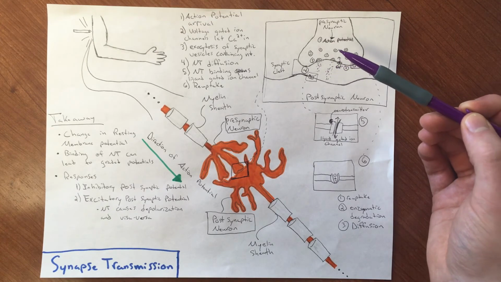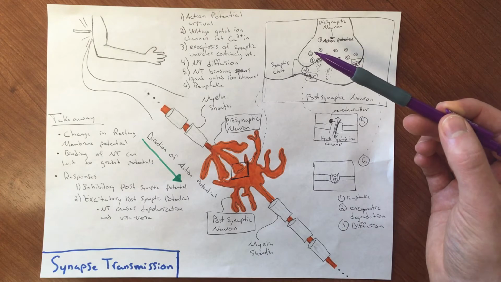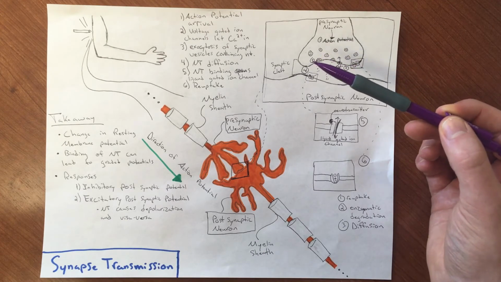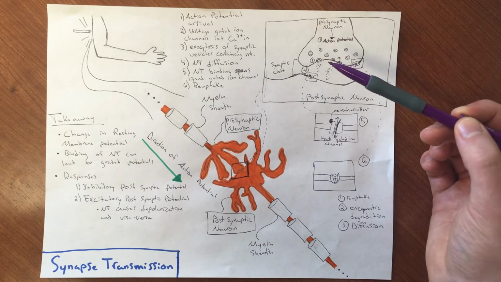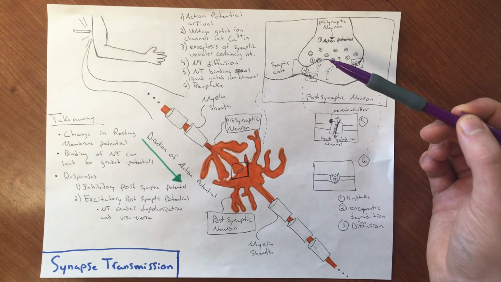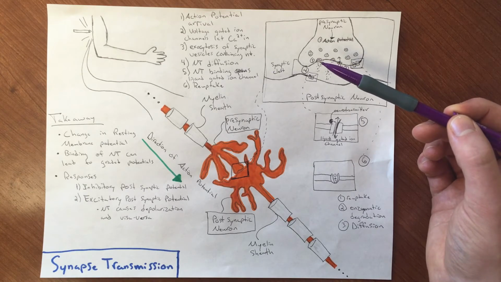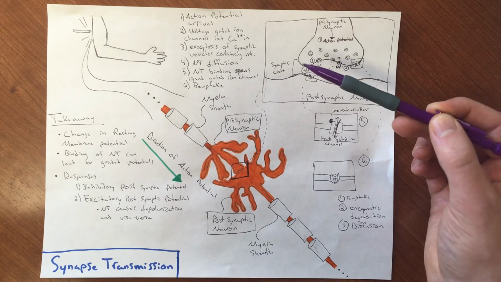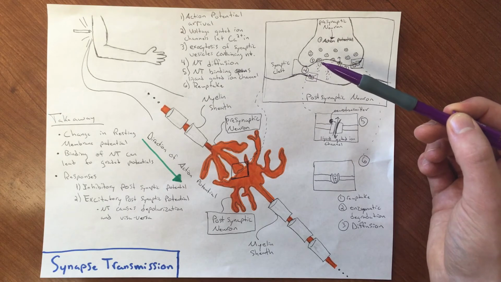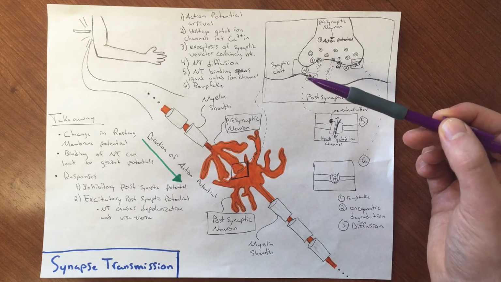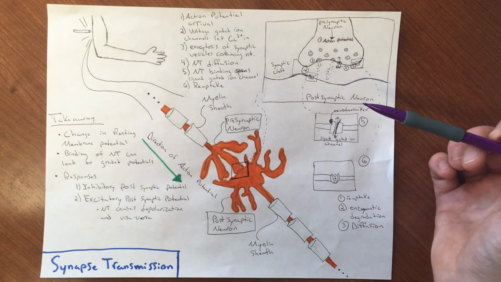The calcium comes into the presynaptic neuron and triggers these vesicles to go to the wall of the presynaptic neuron for exocytosis, basically a release or exit from the cell, and these neurotransmitters will come across what's called the synaptic cleft. As they come across, they're going to diffuse across, and eventually some of them are going to make it to the postsynaptic neuron.